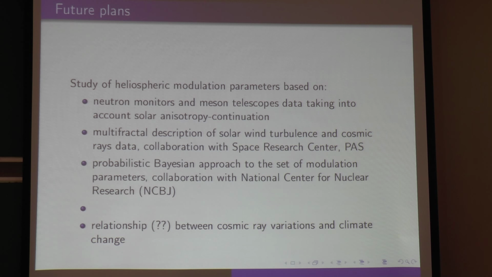We shall study heliospheric parameters from observations. The first part is from neutron monitors and meson telescope data. This is a continuation of our investigation, and we shall start collaboration using multifractal description of solar wind turbulence.